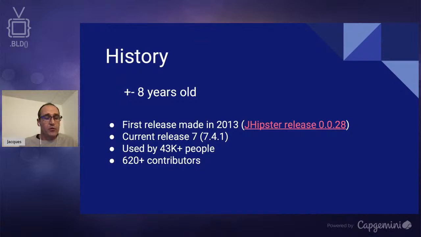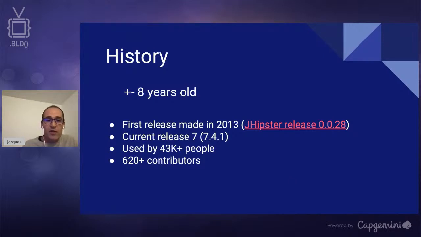A little bit about the history, just to give you some context. JHipster is about 8 years old, and the reason I'm mentioning that is it's not a flash in the pan. It's been around for a while, and it's obviously gone through the growing pains. So it's fairly stable now. The first release was made in 2013 with the 0.0.28 release.